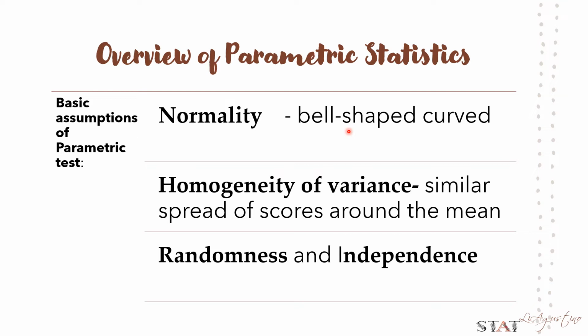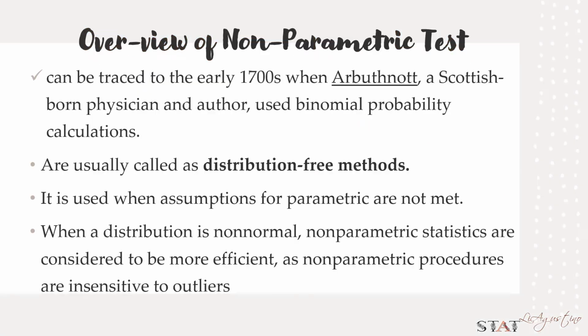That's why you need to meet the assumption of normality before you use a parametric test, so as to avoid misleading results. So you must meet the assumptions of a parametric test: the normality, the homogeneity, and the independence.